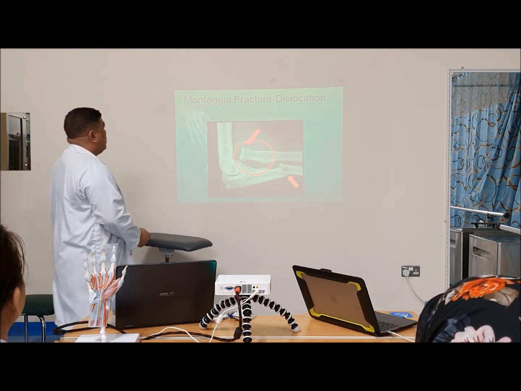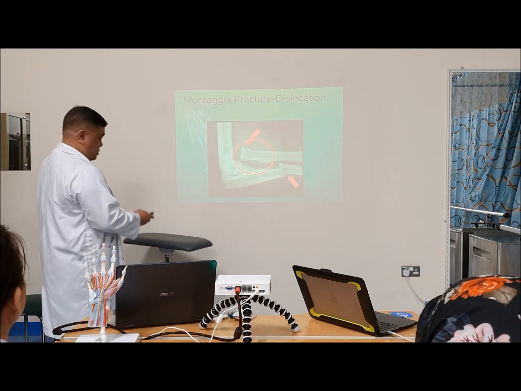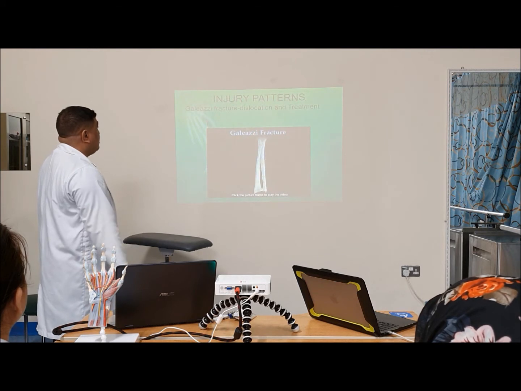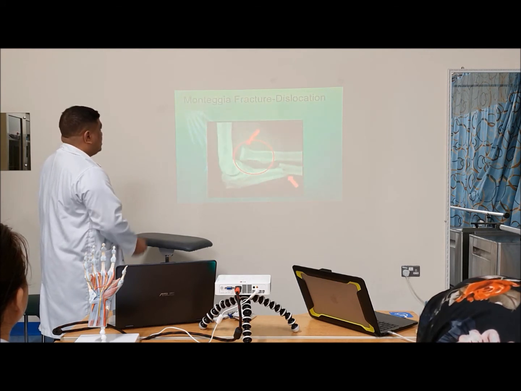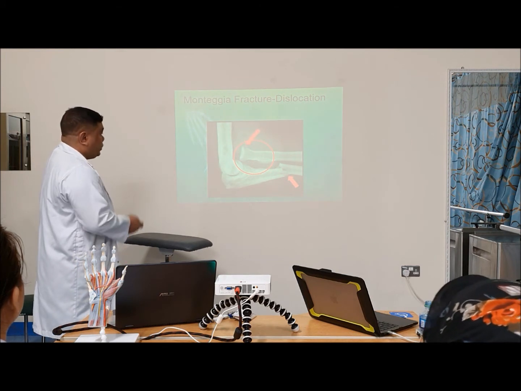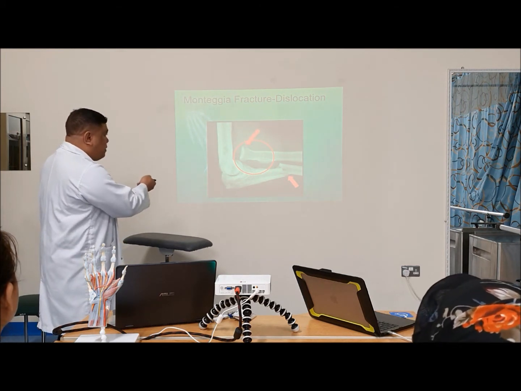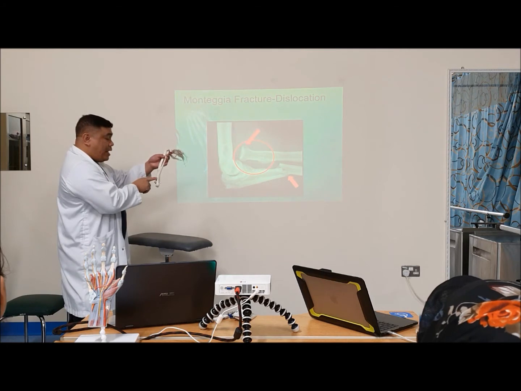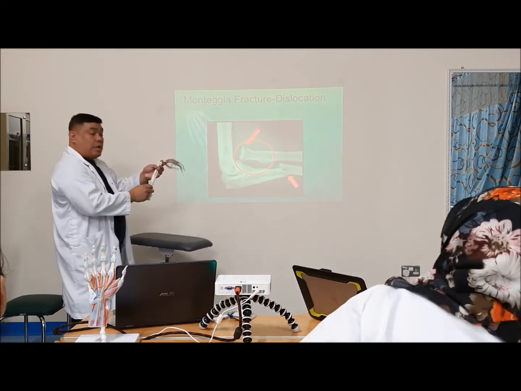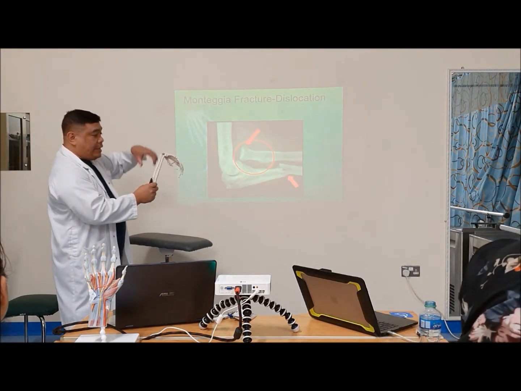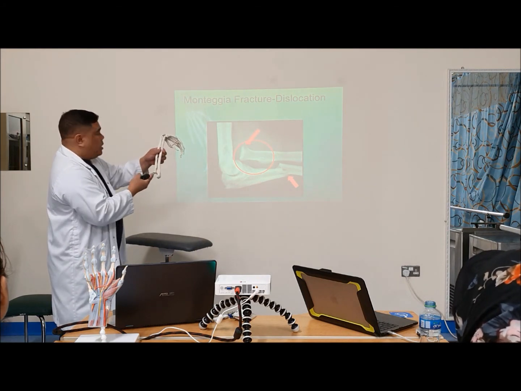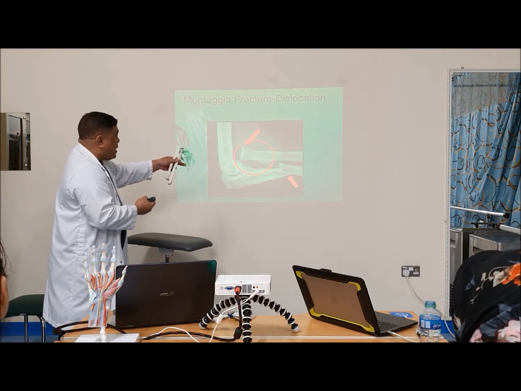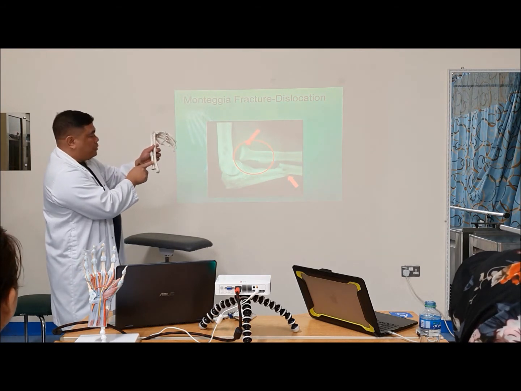Now when we go to the next fracture, the Monteggia fracture, this fracture involves the ulna proximally. It's different from Galeazzi. The Galeazzi is in the radius, the distal radius, and then the Monteggia fracture is from the proximal ulna.